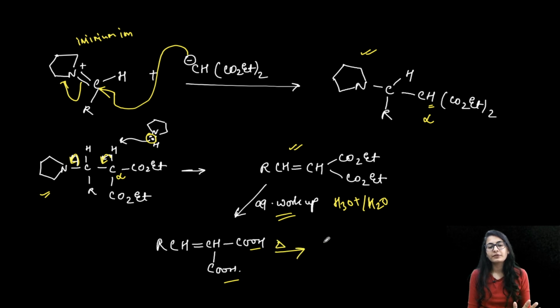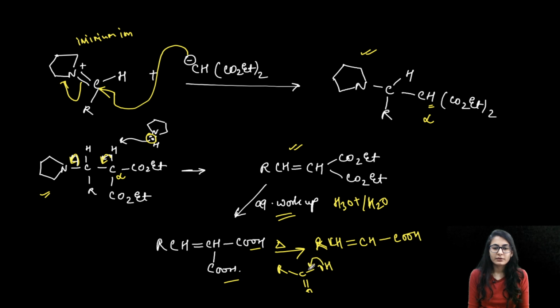If you are further heating it, it's going to undergo RCH double bond CH, and it is going to undergo decarboxylation, and there would be a negative charge over here, because the decarboxylation takes place like this.